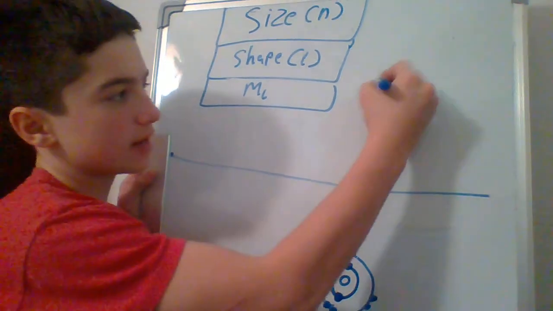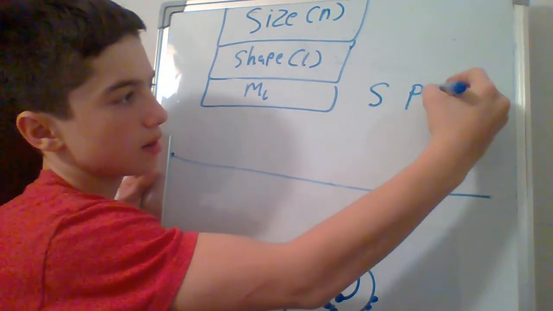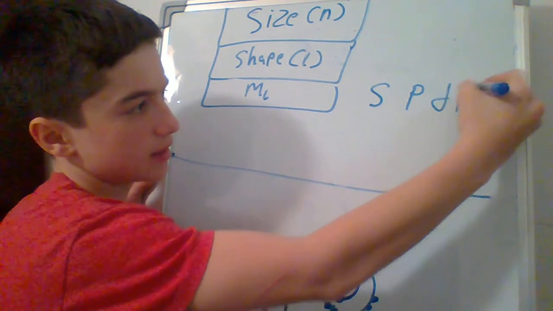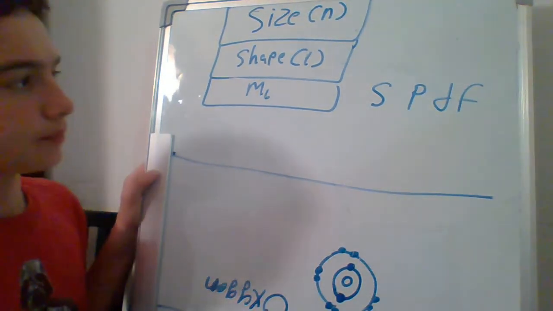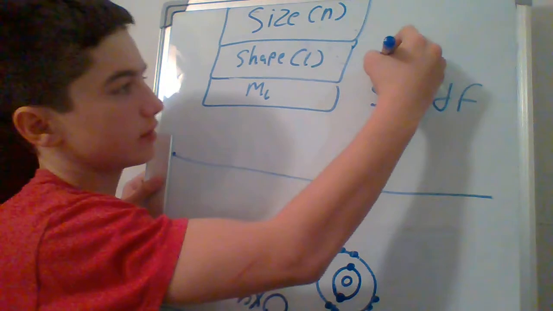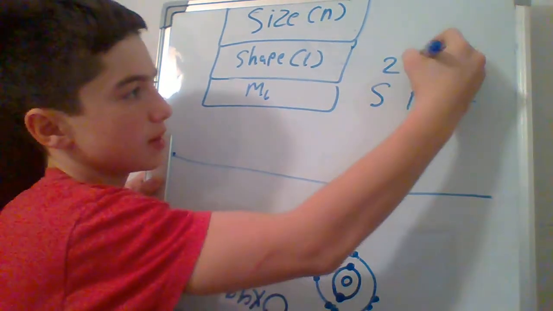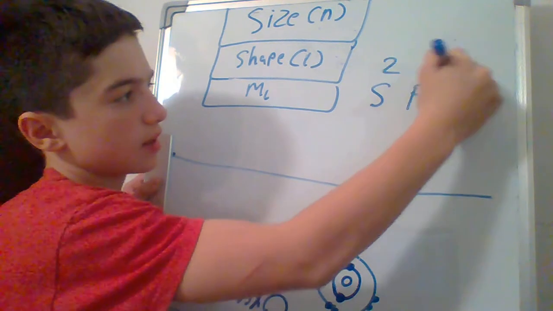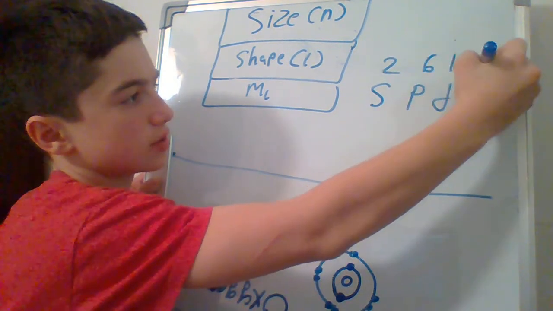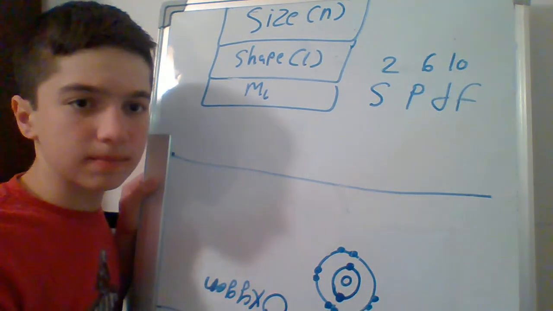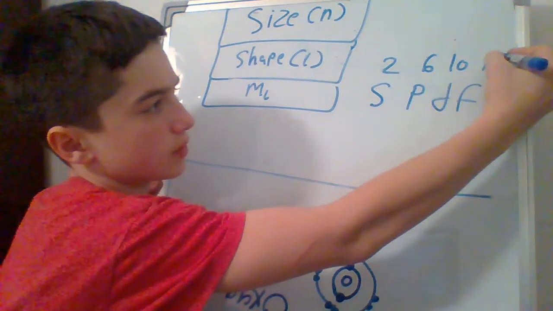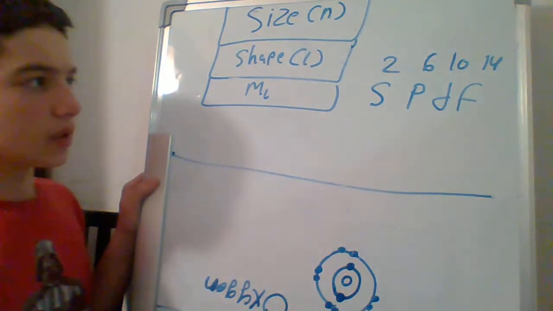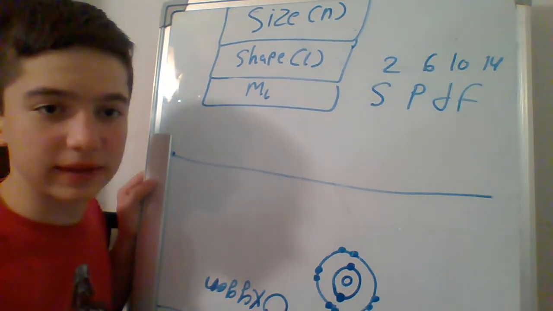We have s, p, d, and f orbitals. The s can fit a maximum of 2 electrons, p can fit 6 electrons, d can fit 10 electrons, and f, can you guess how many electrons? You're right, 14.